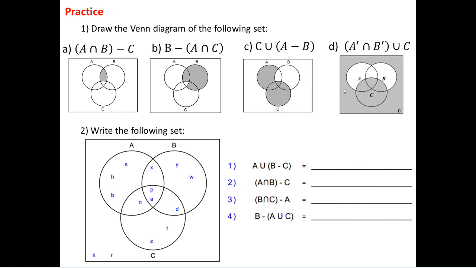And then we combine that with set C. So we shade also the whole set C. And everything shaded now, or the gray part, is our answer for letter D.